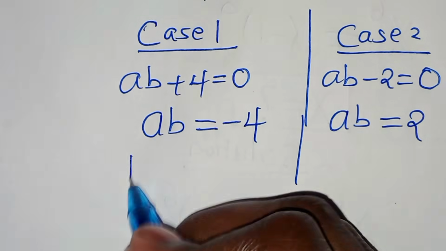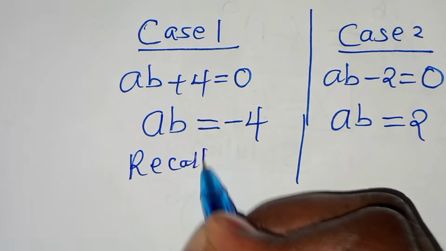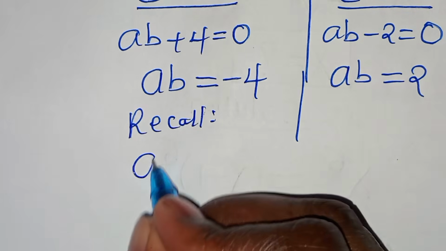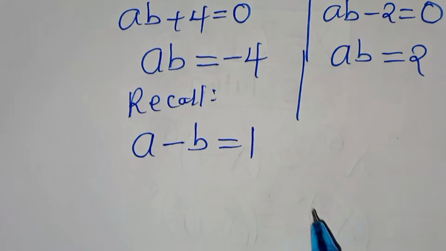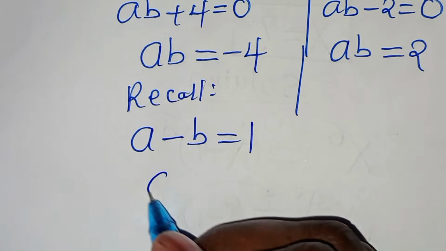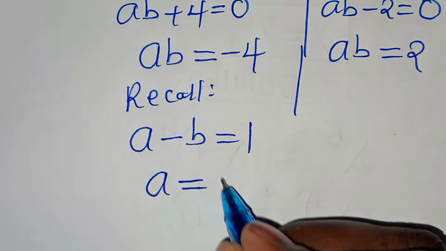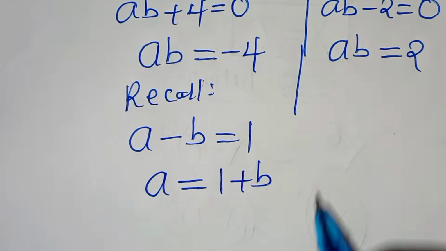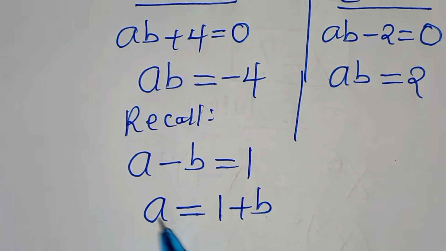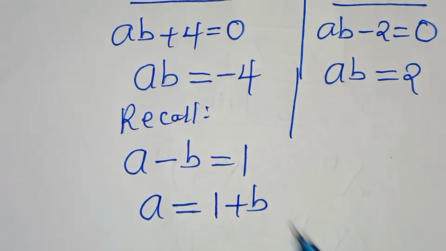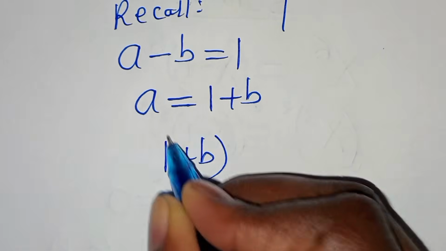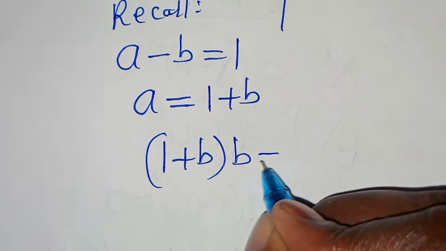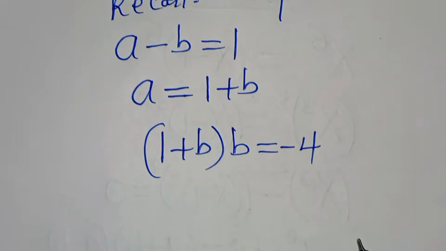Now, if you recall from equation 2, which is a minus b, this is equal to 1. So we can make a the subject of the formula, so a is equal to 1 plus b. So let's substitute a, which is 1 plus b, so that now we have 1 plus b multiplied by b, this is equal to minus 4.